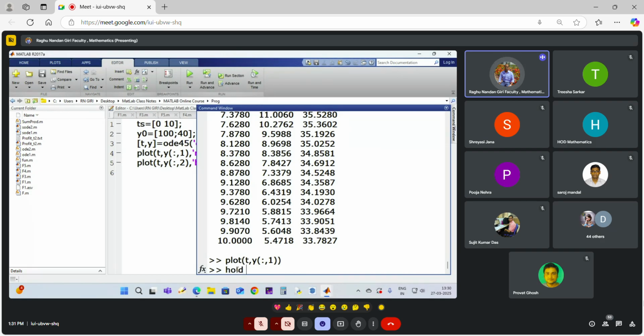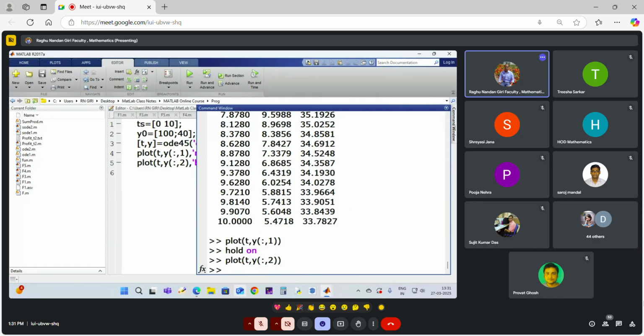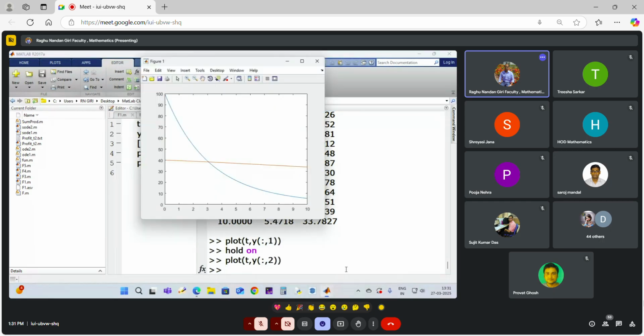Another also, hold on. See, there are two graphs.